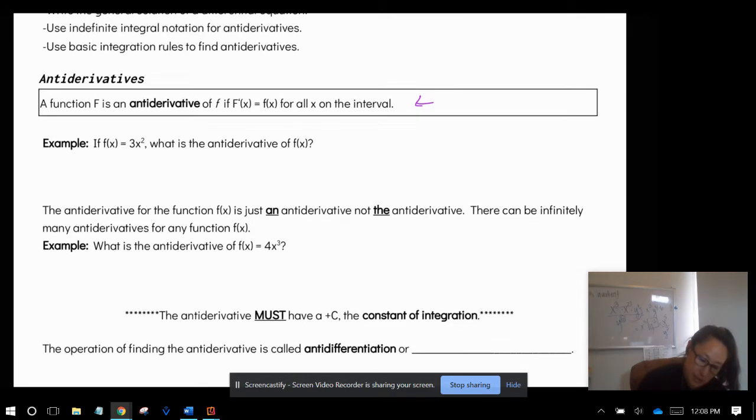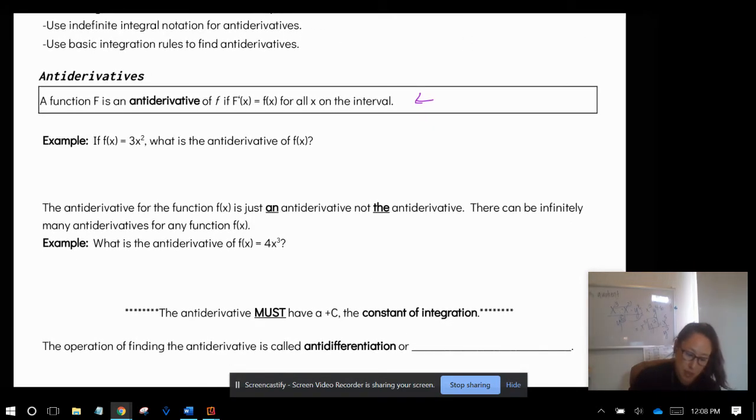If f of x is equal to 3x squared, what is the antiderivative of f? So if we think for a second, what would I need to take the derivative of to get 3x squared? What I need to take the derivative of is something like x to the third power.